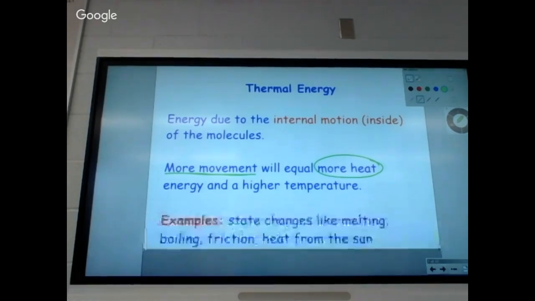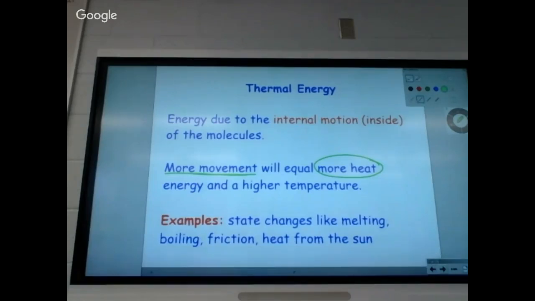So I put down examples like, we're going to talk about state changes. Y'all might remember melting or boiling. We're going to talk about those things later next week. Some of y'all wrote friction. I wrote that. I put sunning, like sitting out in the sun and just warming yourself.